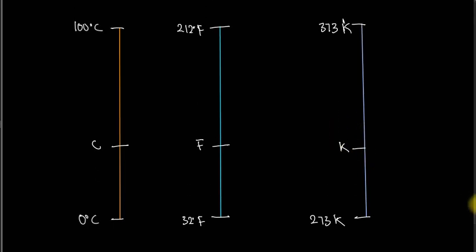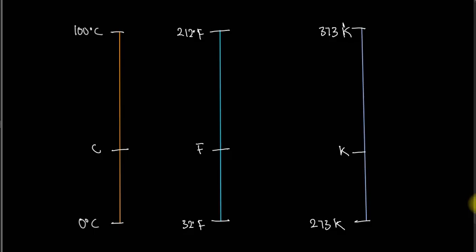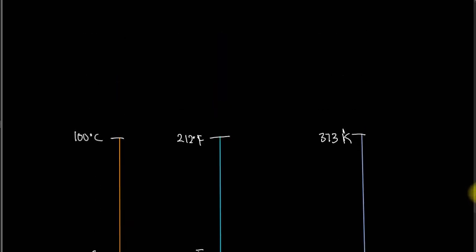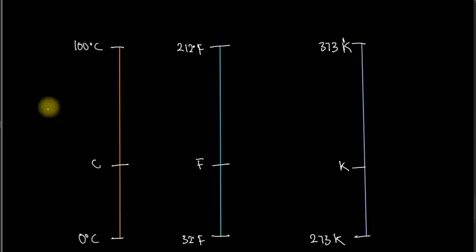So how do we go about this? Let's first compare Celsius to Fahrenheit. So this is how we do it. Upper minus lower all over middle minus lower. Just remember that statement: upper minus lower limit all over middle minus lower.